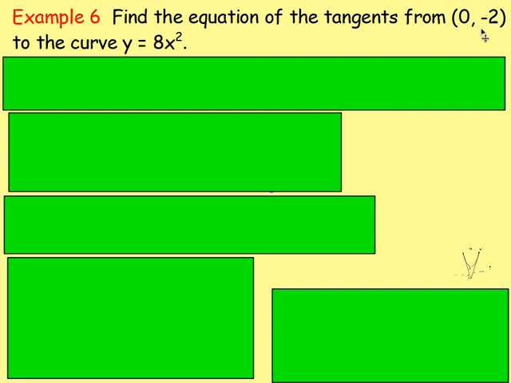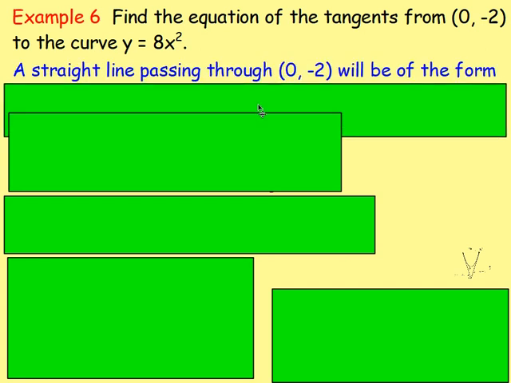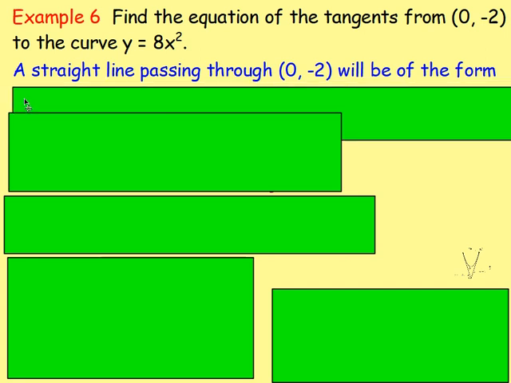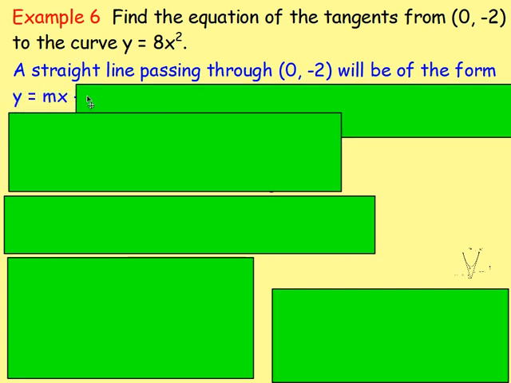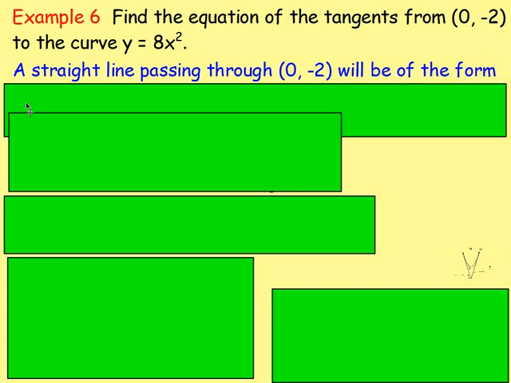However, you know if it's a tangent, then it's going to be a straight line. Again, it's y equals mx plus c. But because it's passing through 0, negative 2, that's a point on the y-axis. That's your y-intercept. So you know the equation of the straight line is going to be y equals mx minus 2. So sometimes you know more than you maybe first think.